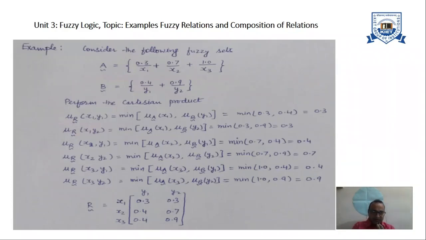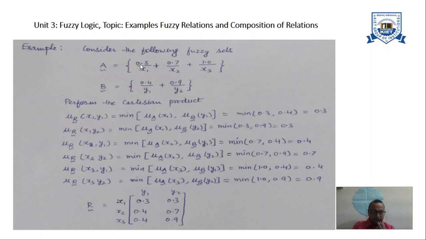We are making a relationship between x1 and y1, and that relationship has a membership value which is the minimum of the membership value of x1 and the membership value of y1. So the association of x1 y1 has the minimum of 0.3 and 0.4, which is 0.3.